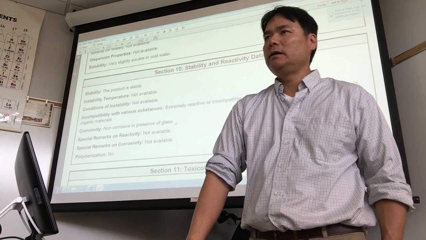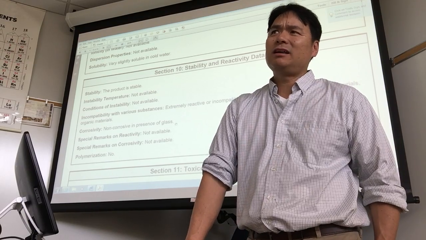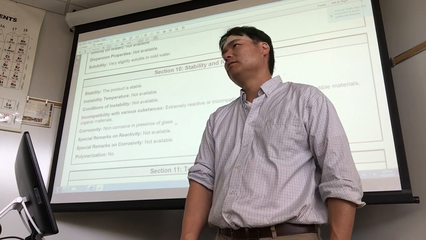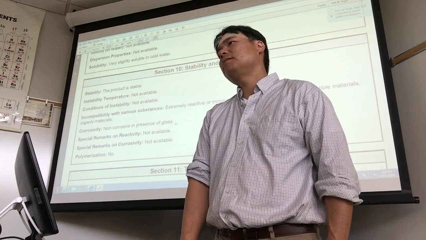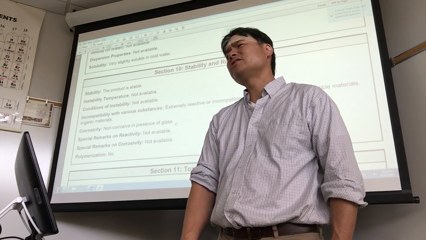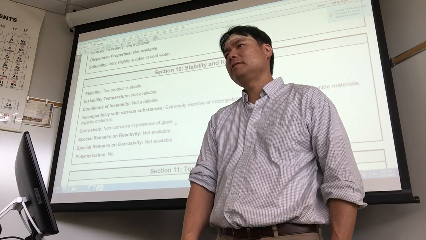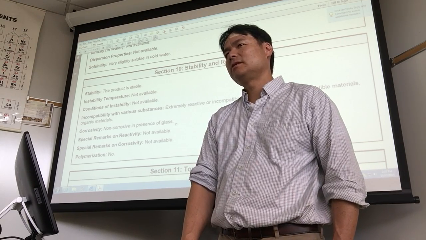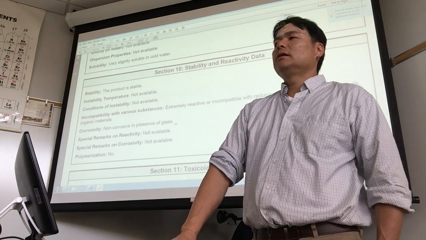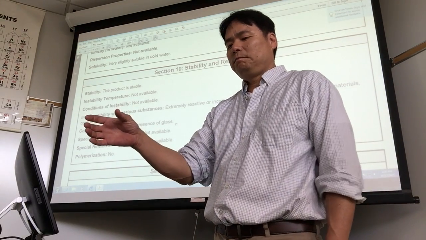In Chem 1B, I used to not spend so much time talking about redox reactions. But in Chem 1B, I had a student that was making up a lab. Did I tell you about this? I don't think so. In the lab, they needed ethanol.